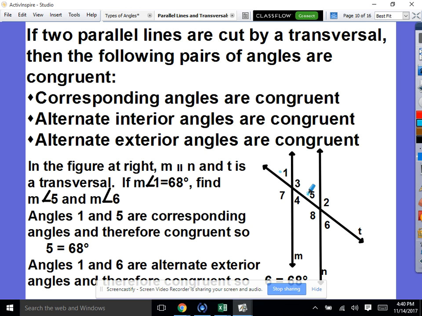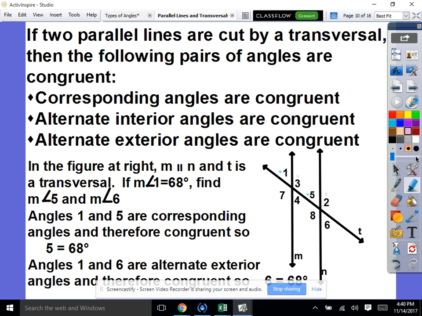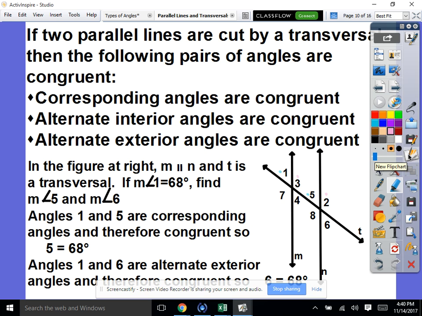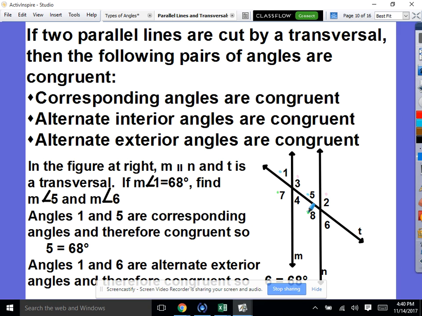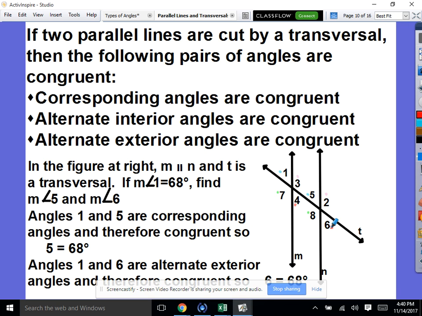So 1 and 5 are corresponding angles. 3 and 2 are corresponding angles. 7 and 8 are corresponding angles. And 4 and 6 are corresponding angles. And corresponding angles are congruent. So 1 is equal to 5. The measure of angle 1 is equal to the measure of angle 5, and so forth.